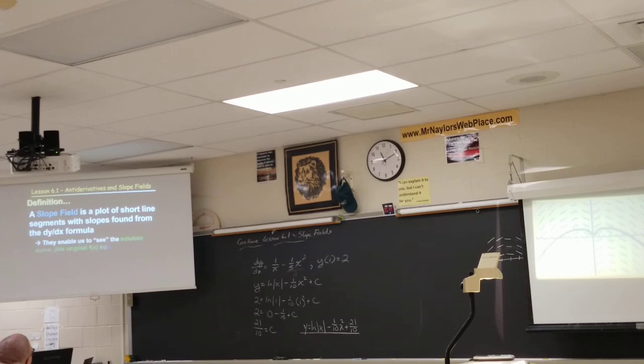Here's the big thing, though, the big takeaway. Trying to keep it as short as possible, but you gotta understand what the slope field is showing you. It enables you to see the solution. That is, it enables you to see the original equation. You know, the y equals.